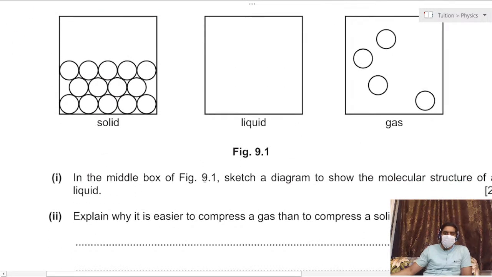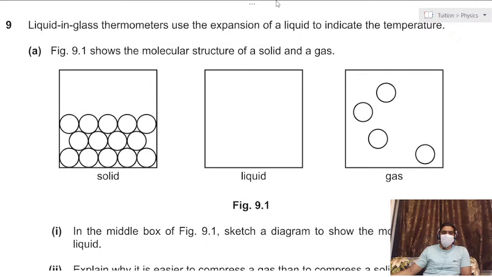In the middle box of figure 9.1, sketch a diagram to show the molecular structure of a liquid. All right, anyone who can give any hint about it? What would the molecules of a liquid look like?